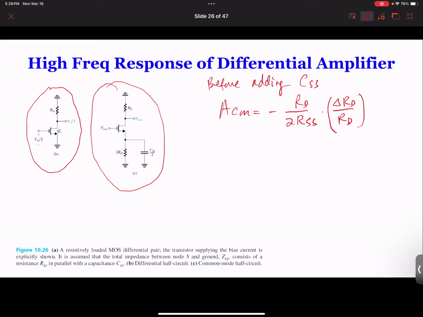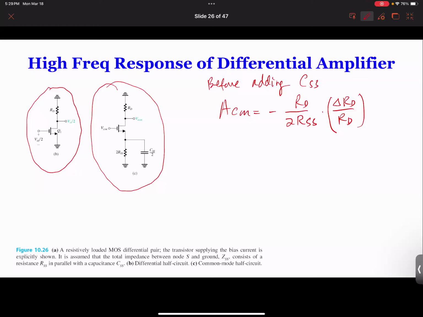This is what I meant before: before we add CSS, this is the common mode gain. The common mode gain is related to delta RD, and that's only one factor. Remember, we talked about a few things: the R could change, the transistor could change, and the gain could change. Everything will result in some equation similar to this.